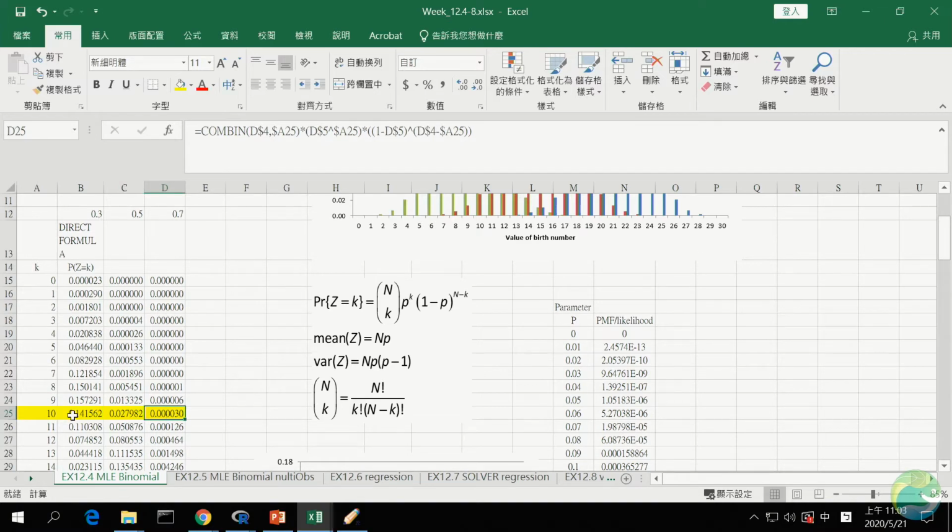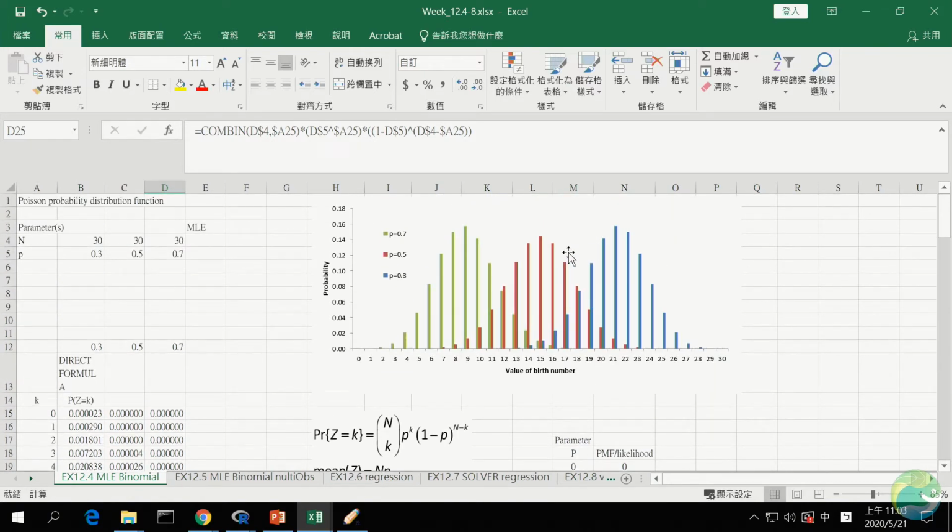The likelihood for the parameter p equal to 0.3 is about 0.14. The likelihood for p equal to 0.7 is very small, less than 0.00003.